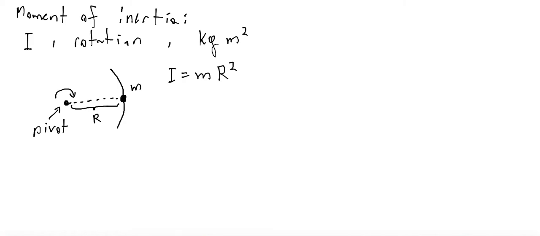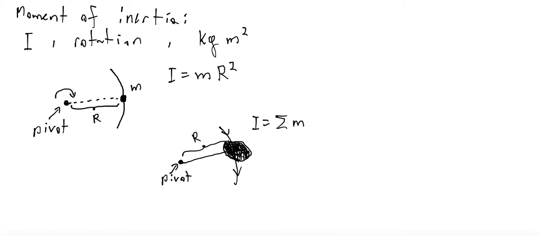So if you have an object which has a shape, let's imagine that you have an object like this, and the center of mass of this object rotates along this curved path around this pivot, then the moment of inertia of this object will be given as a sum of each point mass which creates this object times the distance of the given mass squared from the pivot.